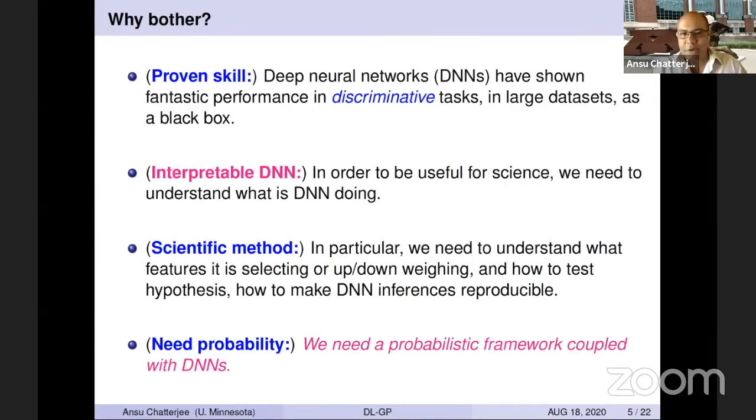Now, all of these goals would be met if we could actually associate a probabilistic framework with deep neural networks. And that's the reason why looking at the connections between deep neural networks and probabilistic systems, and I'm just illustrating things with the most prominent one that's out there, Gaussian processes. That's why we study that.